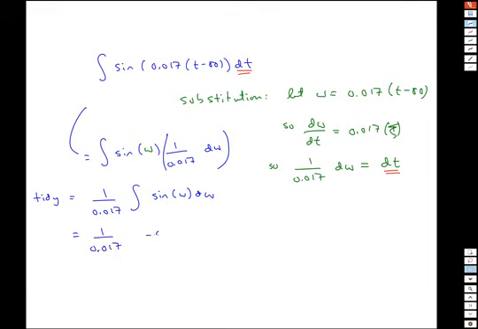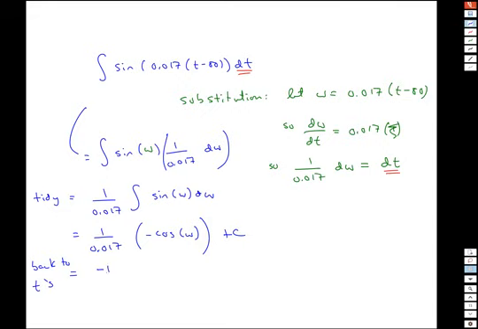The integral of sine is negative cos plus c. And then, oh, we have a w, so we go back to t's, not x's. We have a negative sign, so I'll bring that out.